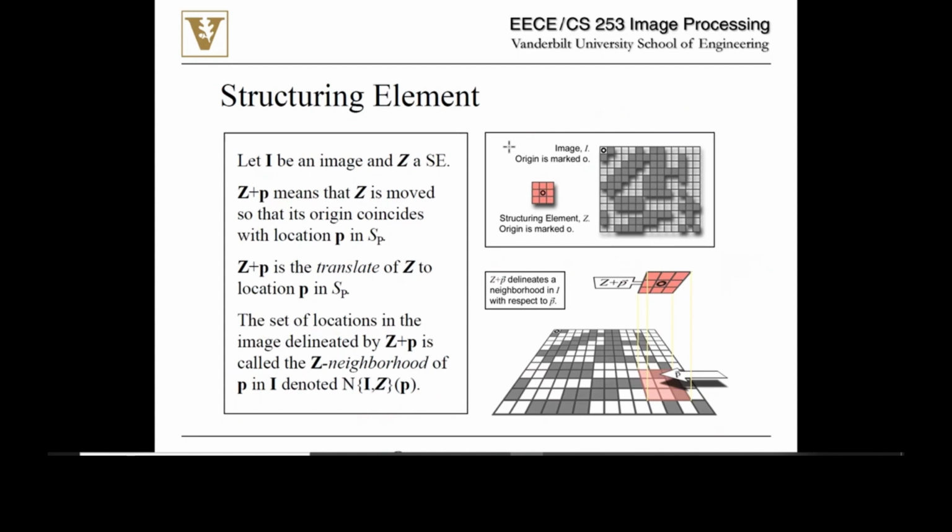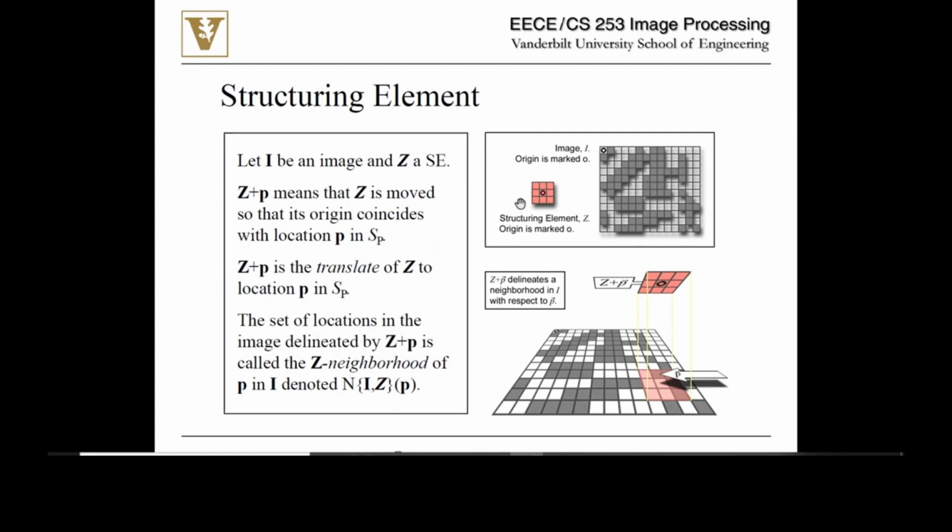Okay, so we will define this operator, the shift operator, so that if you have a structuring element, you may shift it to the location P. We will denote that as Z plus P. P is a location, and Z is the structuring element.